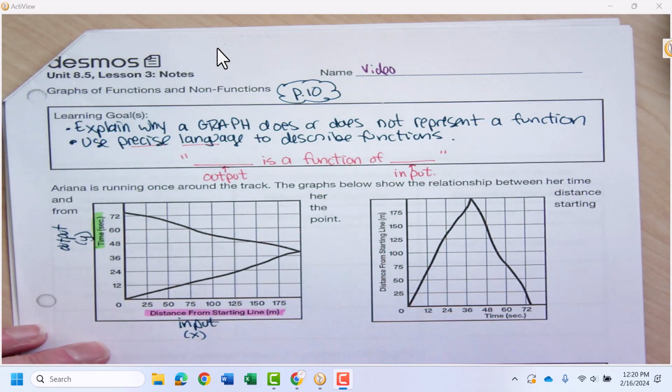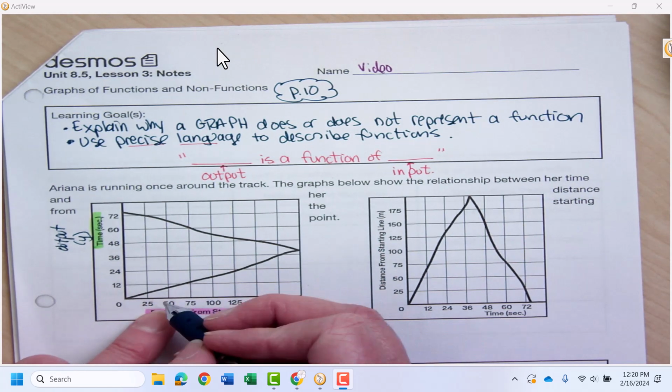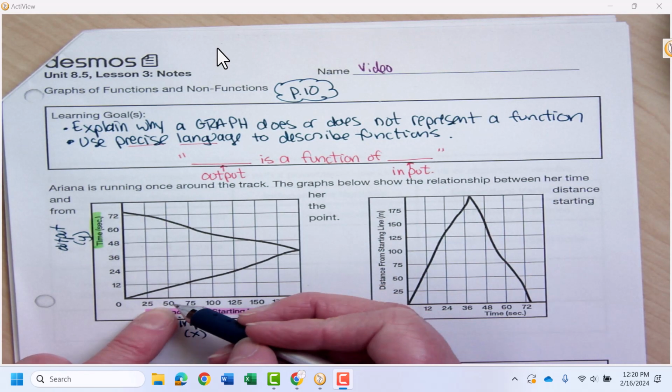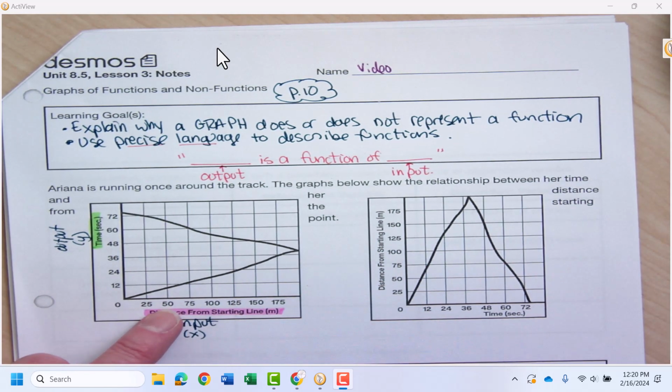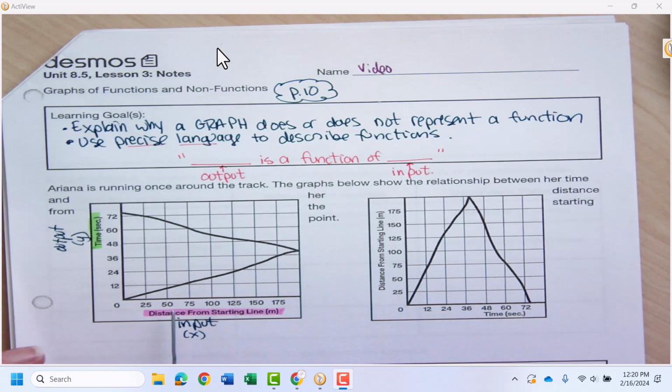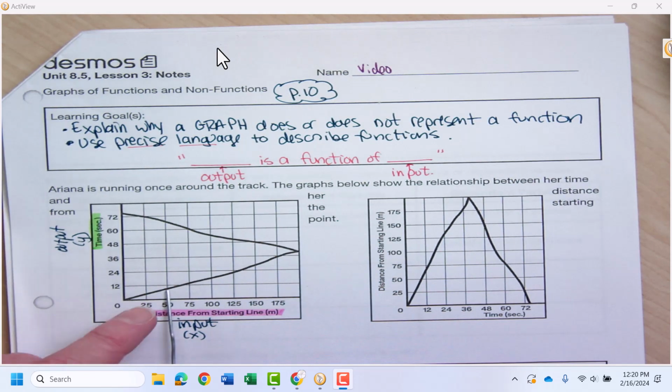Let's see if that's the case here. We have an input, let's say, of 50. X is 50. Is there just one output for the time when she's a distance of 50 meters away from the starting line? Well, there's this point right here where it looks like it took about 10 seconds for her to get 50 meters away.